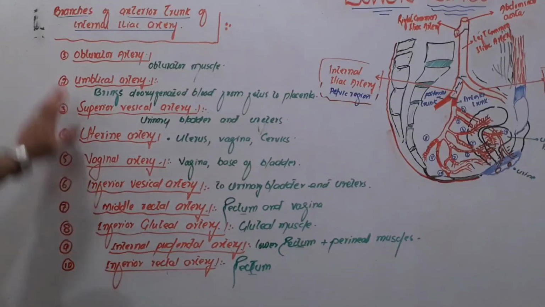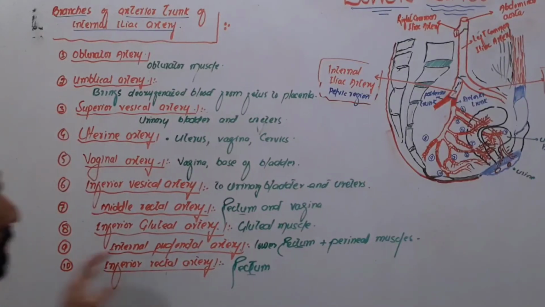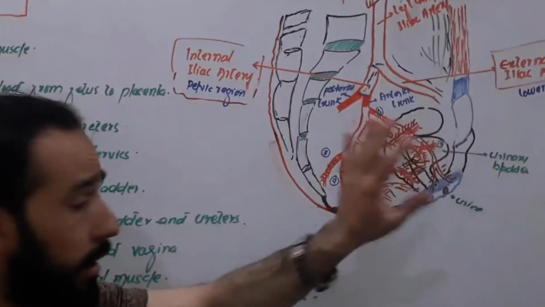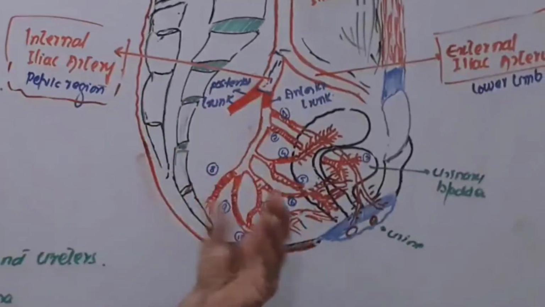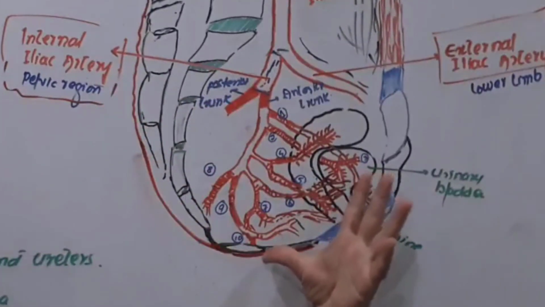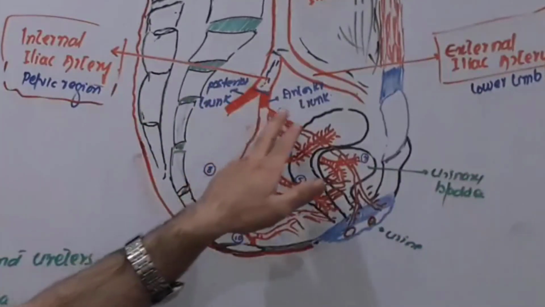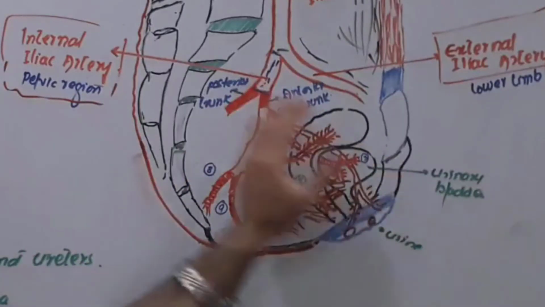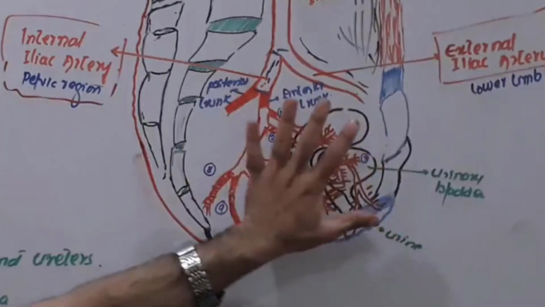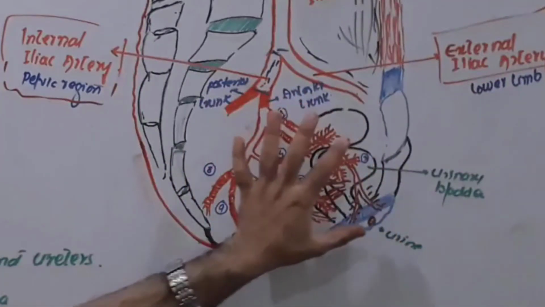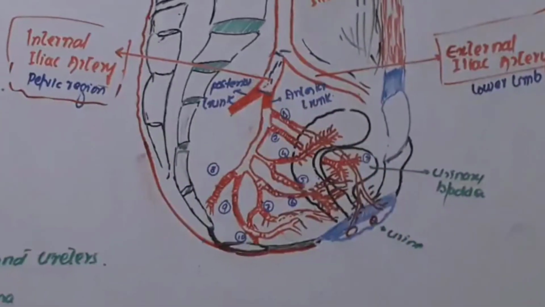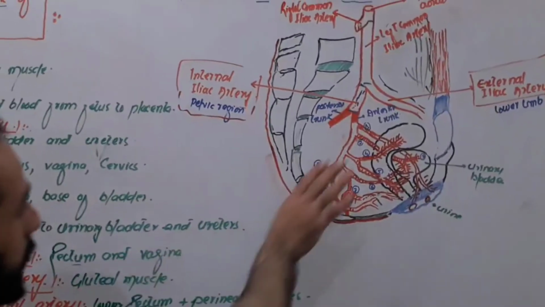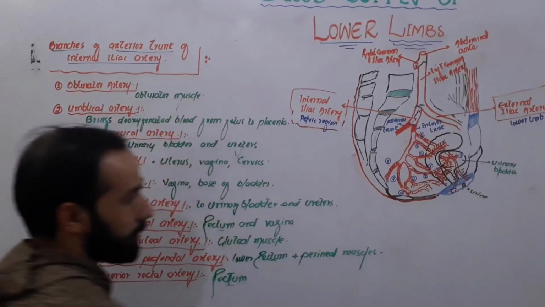Okay friends, these 10 arteries, these 10 branches, as you saw here, I hope you have been cleared about the blood supply given by the anterior trunk of this internal iliac artery to different viscera and muscles of this female pelvis, right? So these were the 10 branches which are given by this anterior trunk.